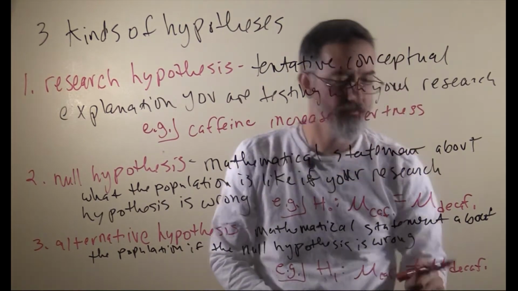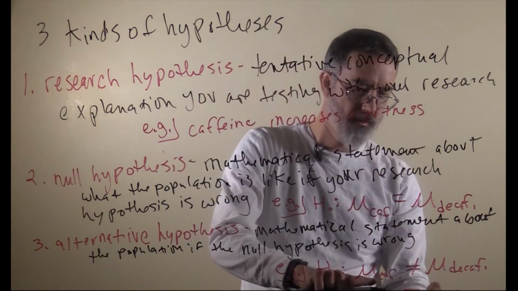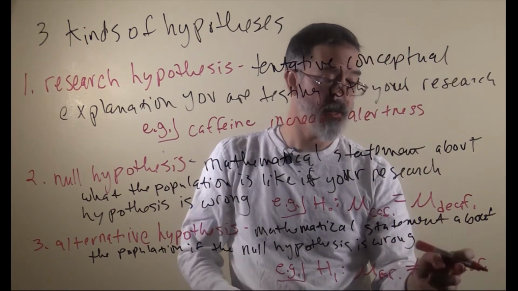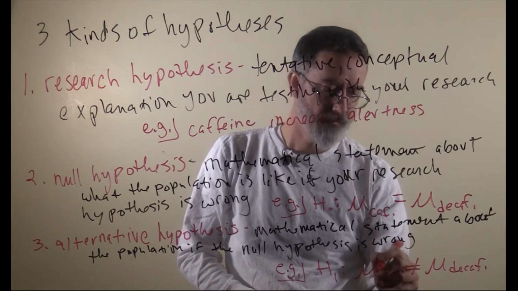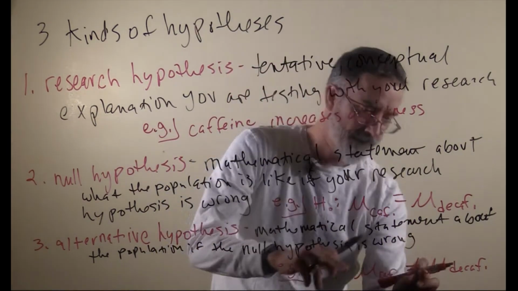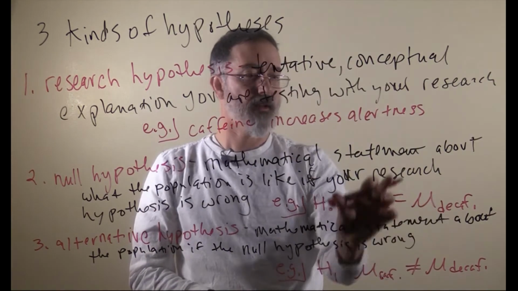But now they're going to be unequal. So these could be unequal such that the caffeinated group has more alertness than the decaf, or the decaf has more alertness than the caffeinated. What critically matters is that this says there's no difference, and this includes everything that's not in here.